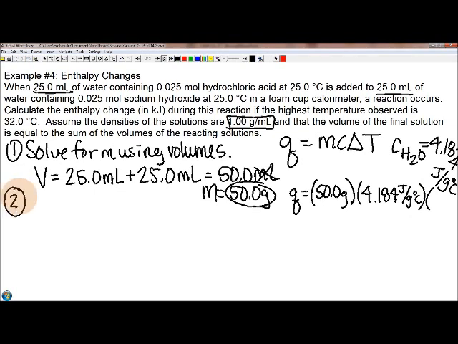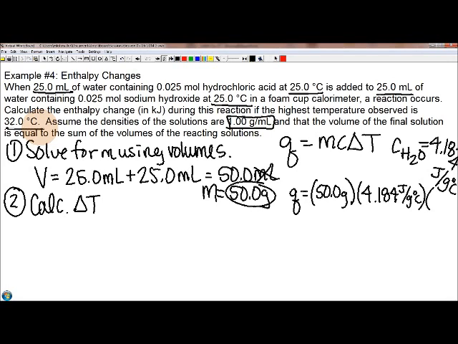To calculate the change in temperature, we need to know what's the initial and what is the final. If you read through, we have 25.0 degrees Celsius, another 25 degrees Celsius, and 32 degrees Celsius.